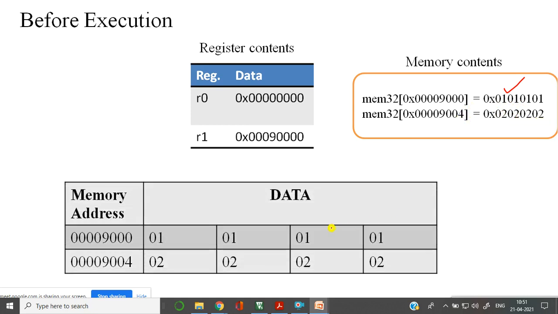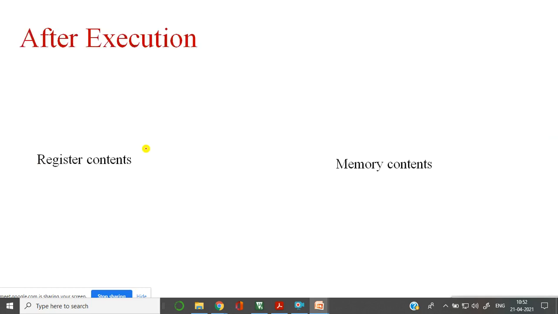This is how the data looks in memory. If I want to store this data, the memory address 9000 holds 0101 0101, a total of 4 bytes of data, and similarly 9004. This is the base register, because it is acting like a pointer in my case.